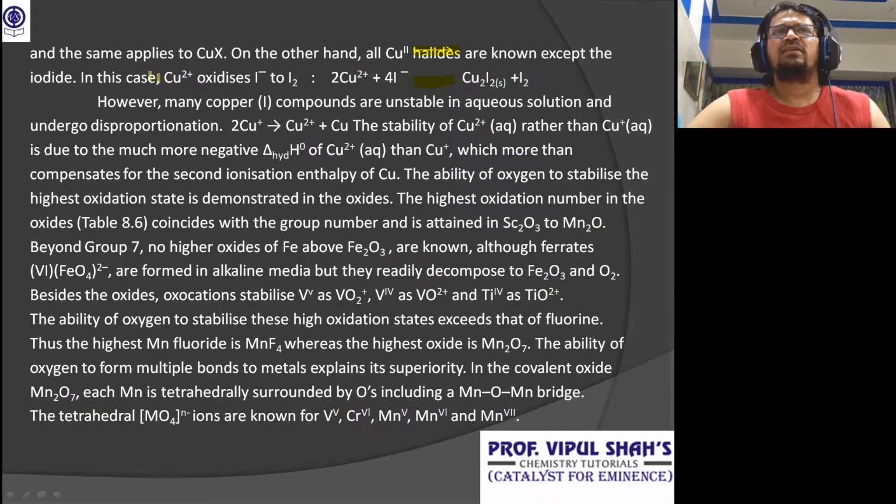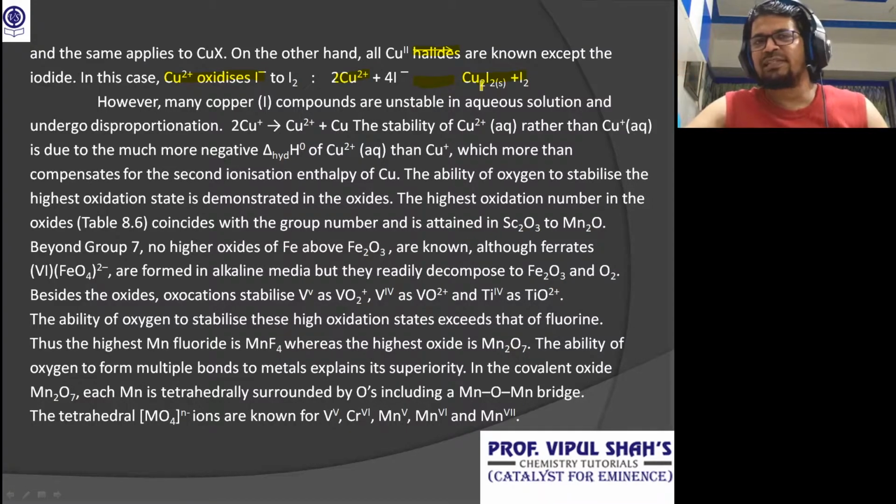What it says here: on the other hand, all copper(II) halides are known except the iodide. Cupric oxidizes iodide, meaning cupric ions get reduced to cuprous and iodide gets oxidized to iodine. If you're getting confused, make it simple: write the oxidation state. Just see on the slide. The cupric ion state will be +2. Here it becomes Cu2I2, cuprous iodide, with copper in the +1 state. And I hope you know why I write Cu2I2: dimerization.